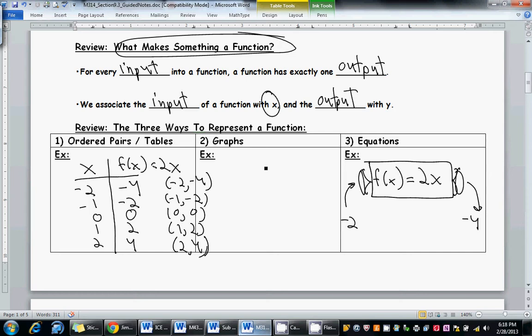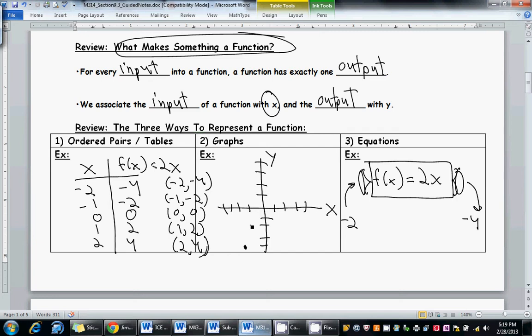So let's go ahead and graph this function. Here's my axes. 1, 2, 3, 4, 1, 2, 3, 4, 1, 2, 3, 4, 1, 2, 3, 4. X's are across, Y's go up and down. First point on my graph, -2 along my X's and -4 down my Y's.